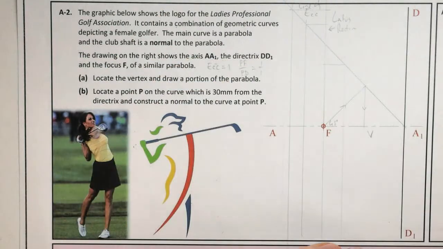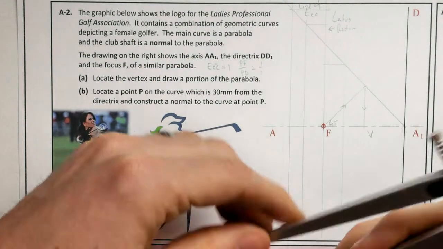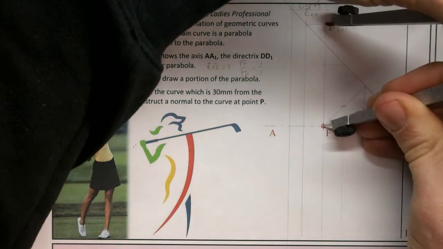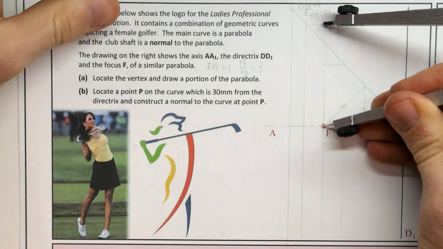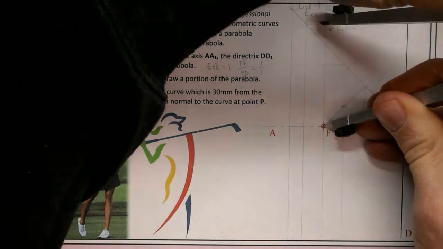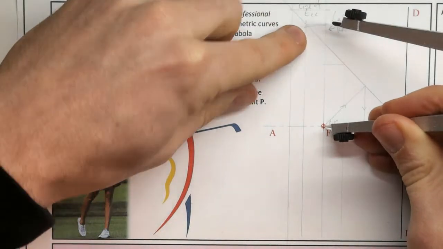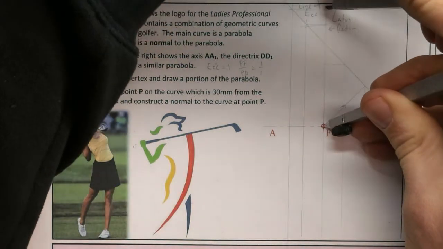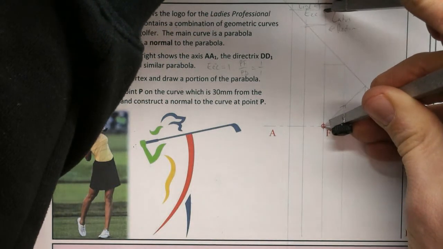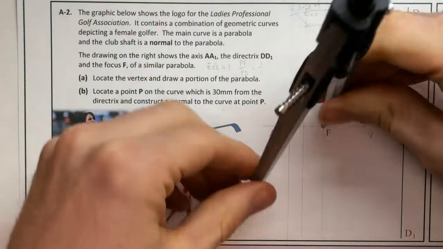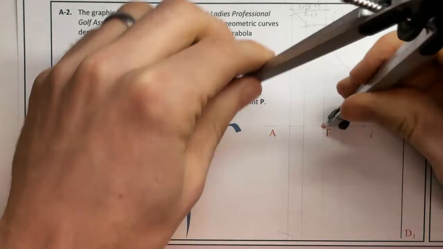Then I get my compass, I put the point of it on F, and where those lines hit the latus rectum, I want to swing back onto my ordinate. And that is a point on my curve. I'm going to repeat that for the point above. So that is also a point on my curve. I need to find those points down on the opposite side as well.